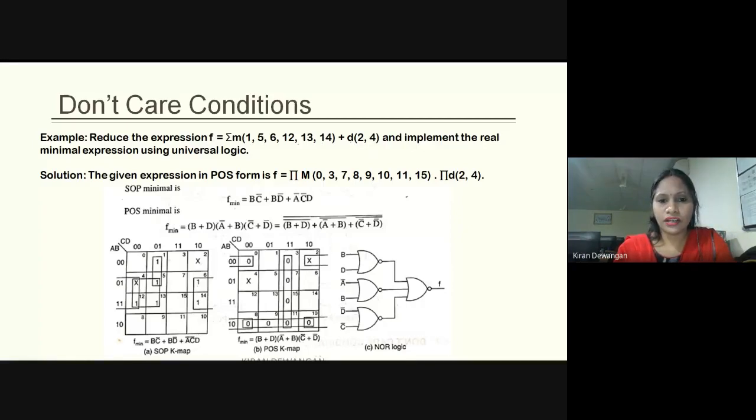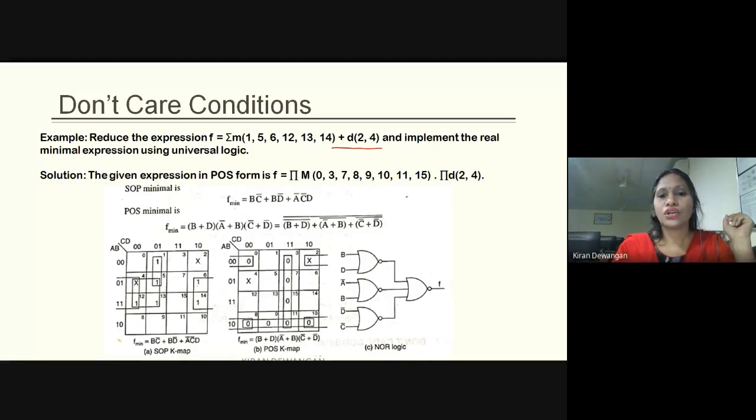Now here, since it is an SOP function, we can make out it's an SOP function. How do we know that it's an SOP function? From the summation m, we can make out it's an SOP function. Hence, d will be given in this form, that is, plus d bracket 2, 4.